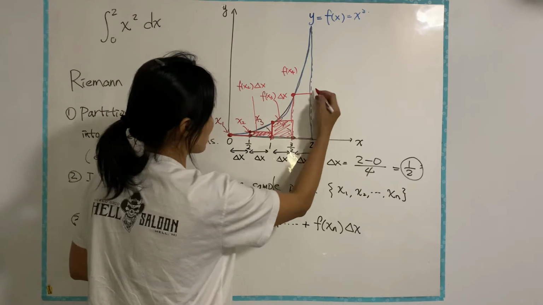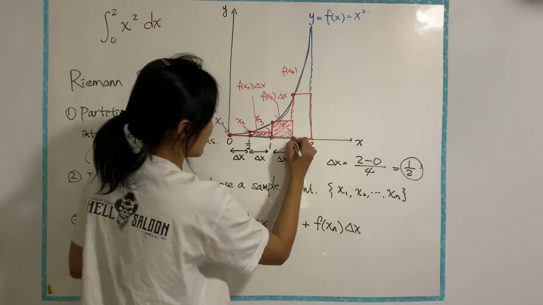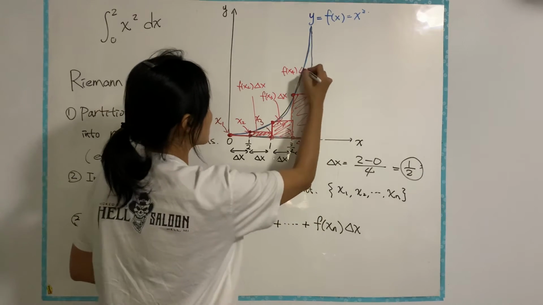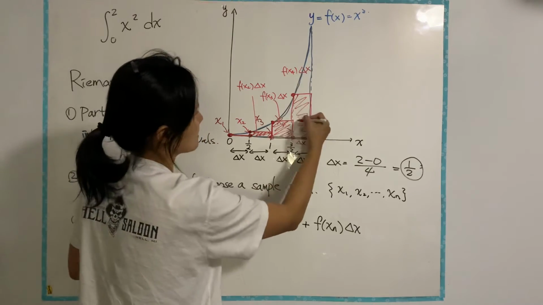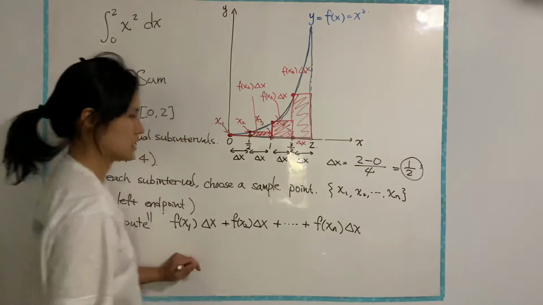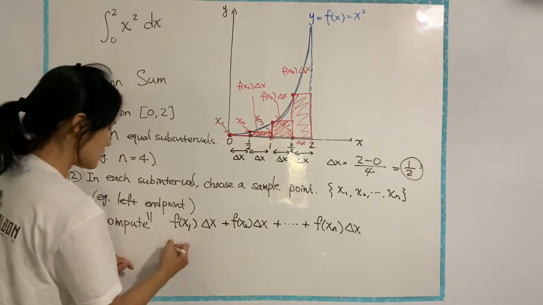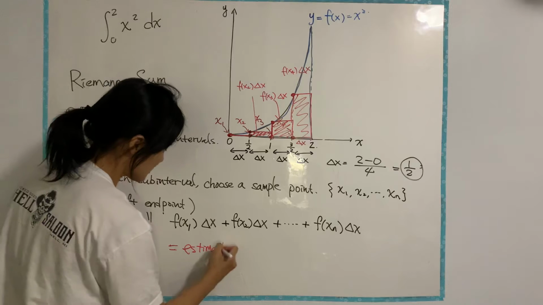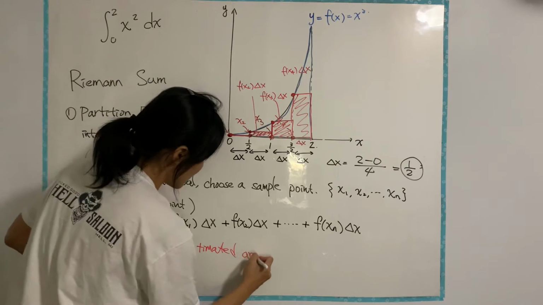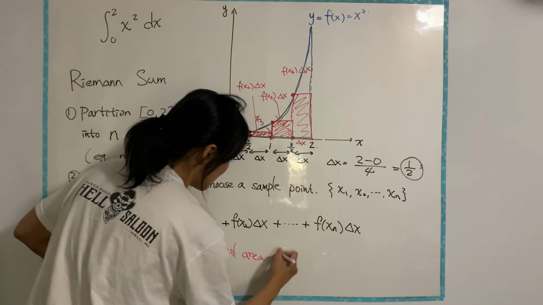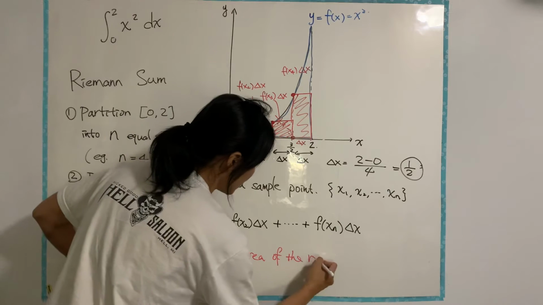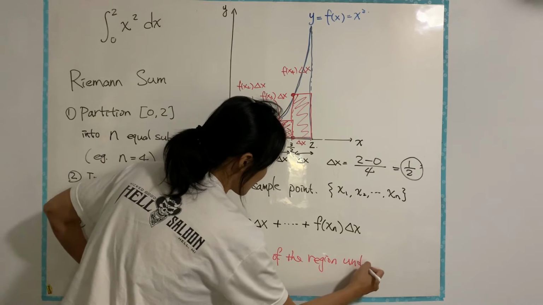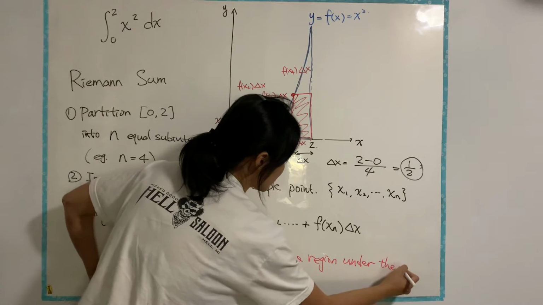And if I multiply the height by delta x, then the number I get is the area of this rectangular region. So now you see that this sum gives me an estimated area of the region under the curve.